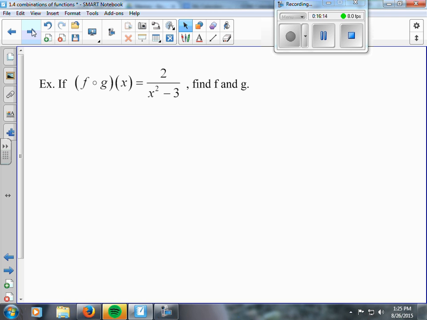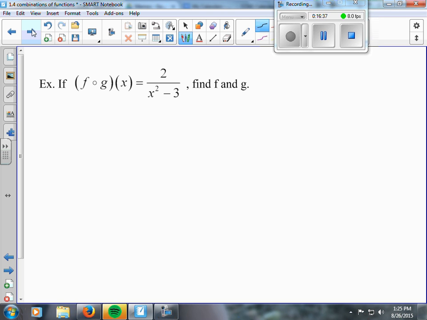Okay, last example. We're going to go backwards. This is a really interesting type of scenario, and it's really kind of difficult to think this way, but it's also really important to be able to think this way. We do something like this in calculus. So in this example, I am showing you the result of combining two functions.